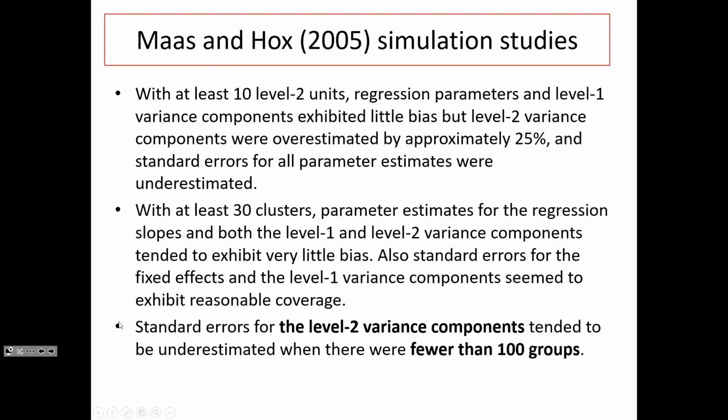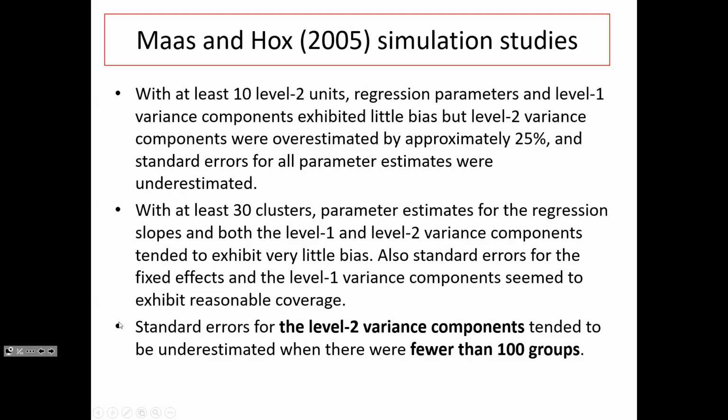What they found is that if you had at least 10 clusters, so at least 10 level 2 units, the regression parameters and the level 1 variance component, so that would be sigma squared, exhibited very little bias. So that's good, right? I got 10 clusters and my parameter estimates are right, and my sigma squared is pretty much right.